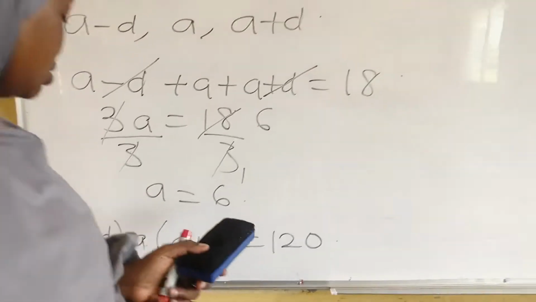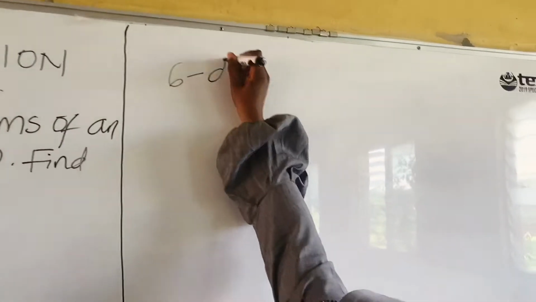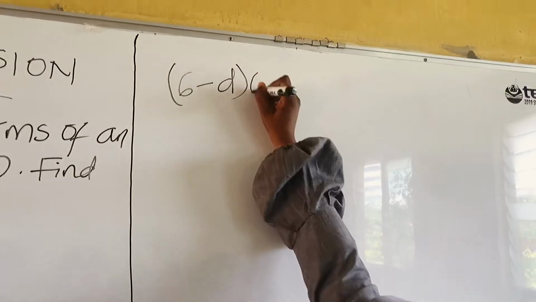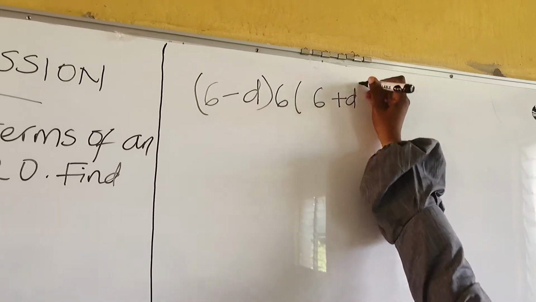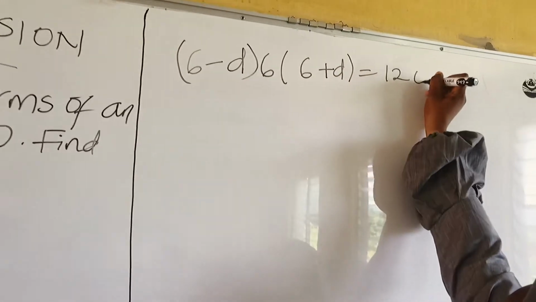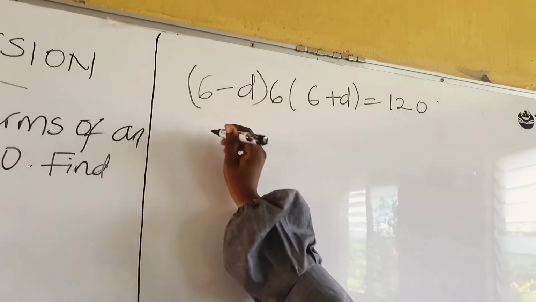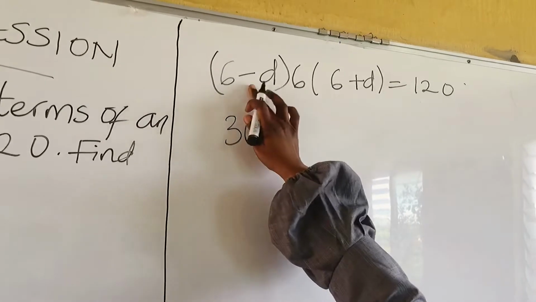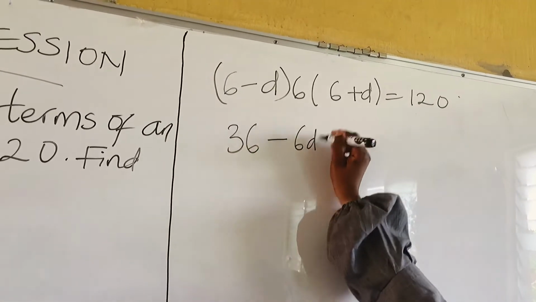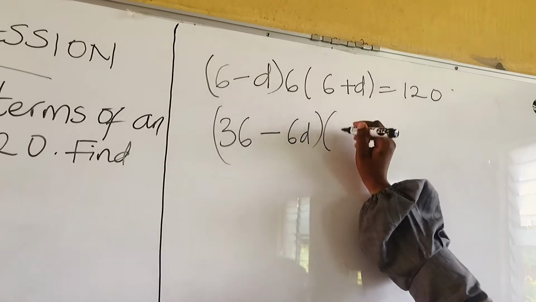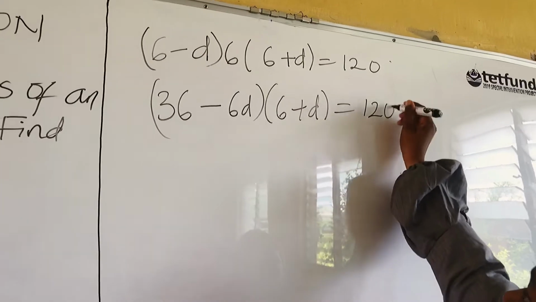So we have 6 minus D multiplied by 6 multiplied by 6 plus D is equal to 120. So 6 times 6 is 36. Negative D multiplied by 6 is minus 6D. Then multiply by 6 plus D is equal to 120.